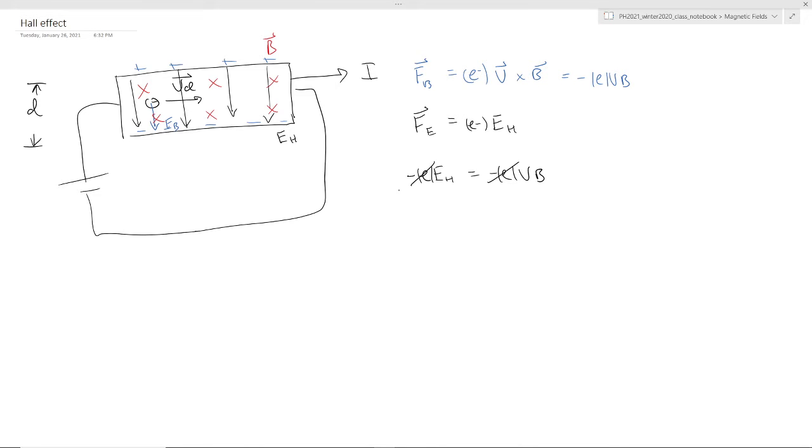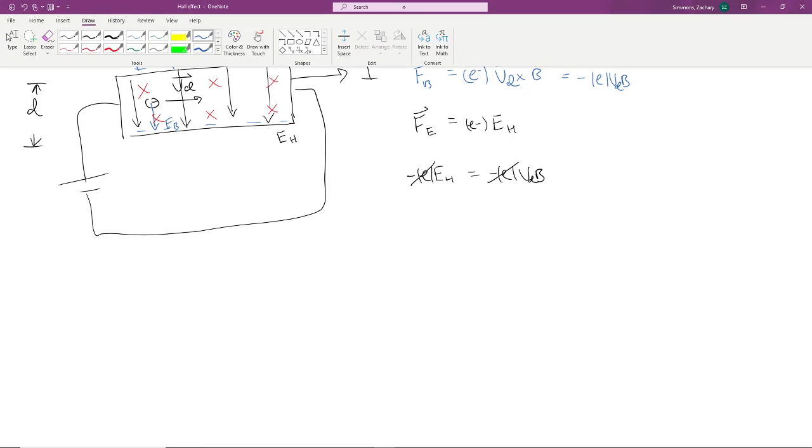And we have this relationship between the electric field, the Hall field, and the drift velocity. Sorry, let me be more careful here. And the magnetic field.